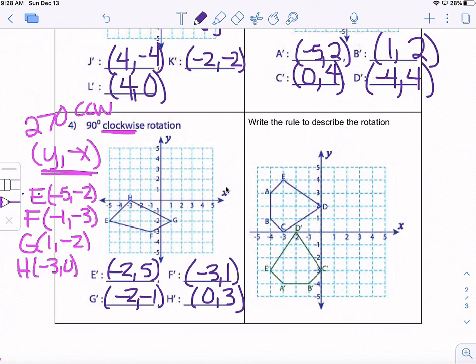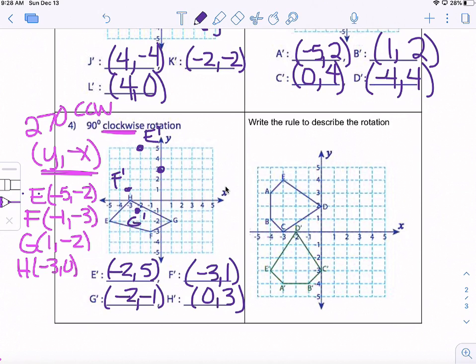So E prime is going to be at -2, 5 up here. F prime is at -3, 1. G prime is at -2, -1. And then H prime is at 0, 3.